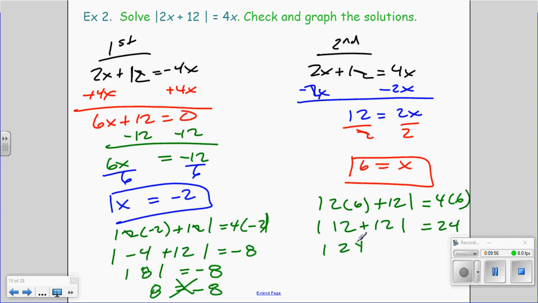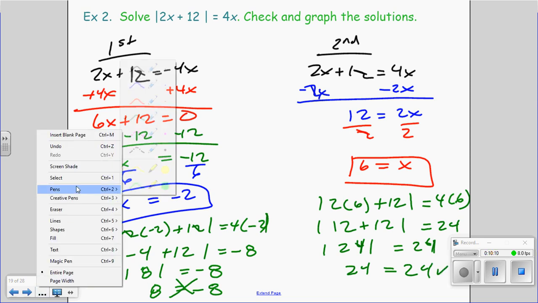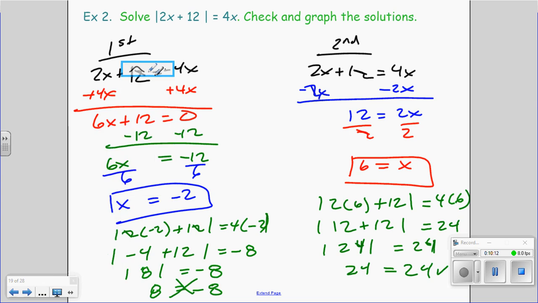So it's the absolute value of 24, bring down the 24 on the right. And the absolute value of 24 is 24. So 6 checks out. So in this case, the only true solution is 6.